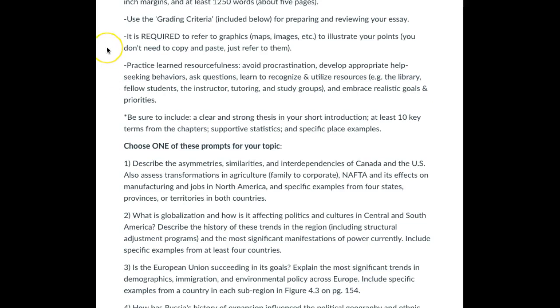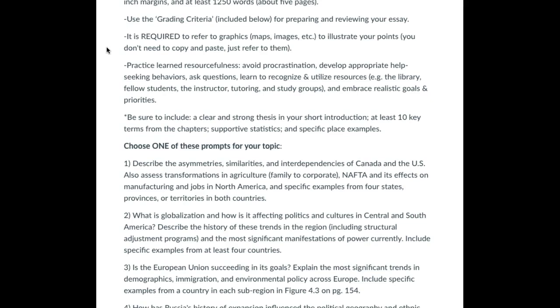And then very important here, it's required to refer to graphics, which could be maps or images, especially from the textbook, whether that be online or the paper version. You don't have to copy and paste into the essay. Just write in parentheses, see figure 3.8, for instance.